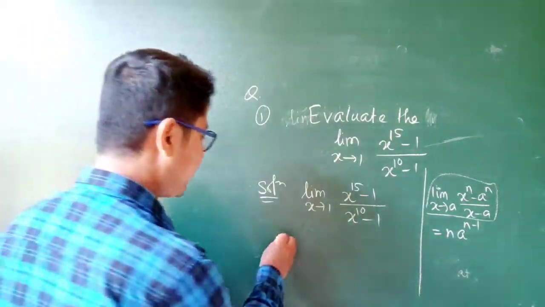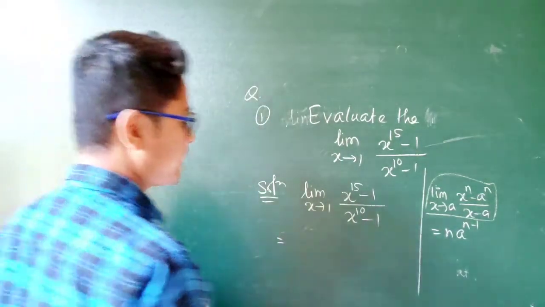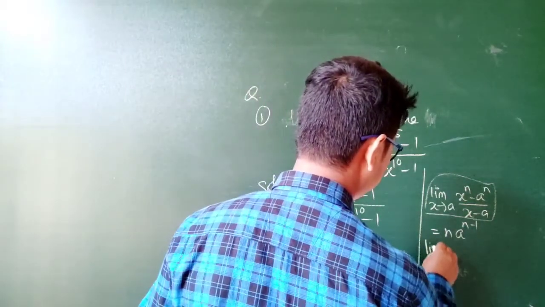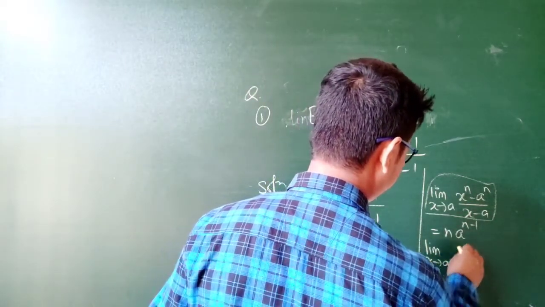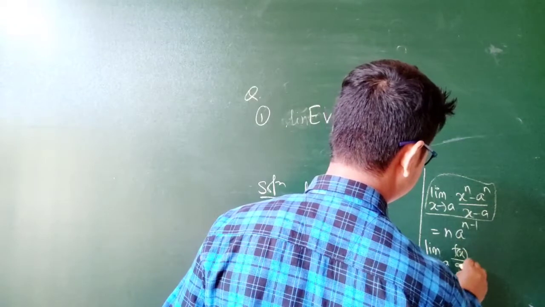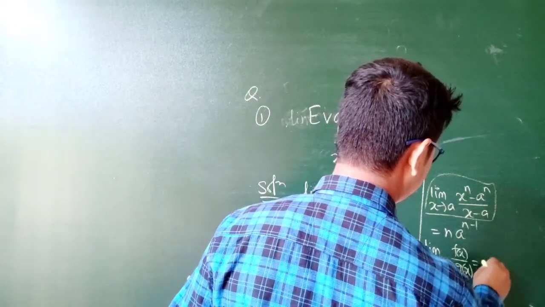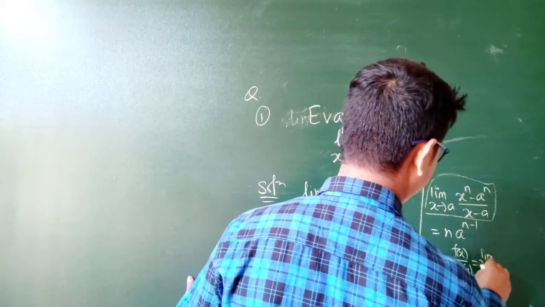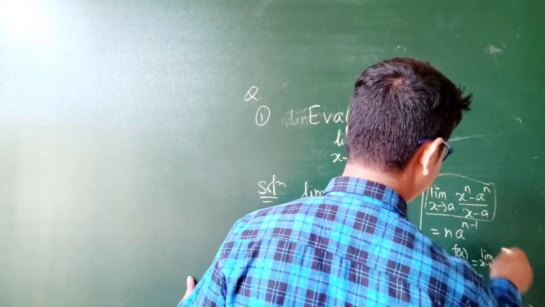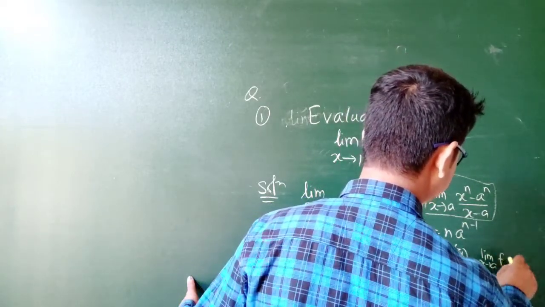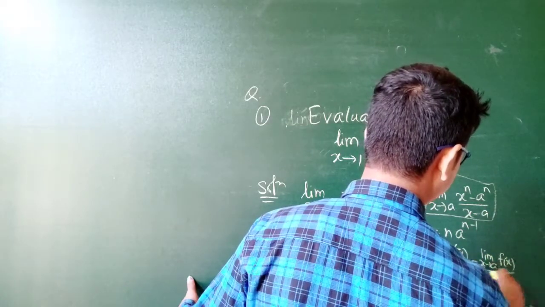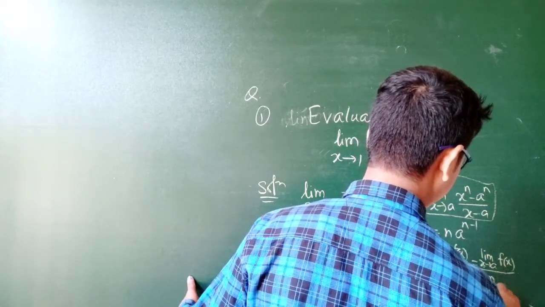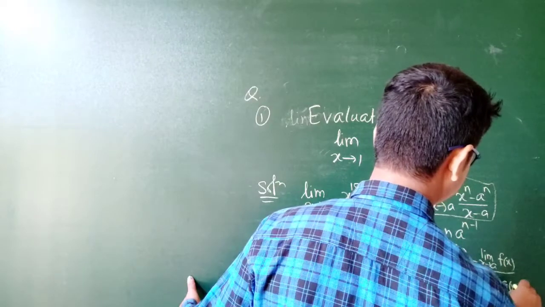Now from here, applying the algebra of limit. So what is the algebra? Limit x tends to a f(x) by g(x) is what? We need to separate the limit in the numerator and denominator: limit x tends to a f(x) divided by limit x tends to a g(x).